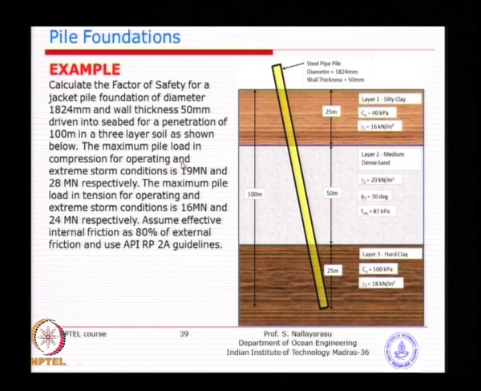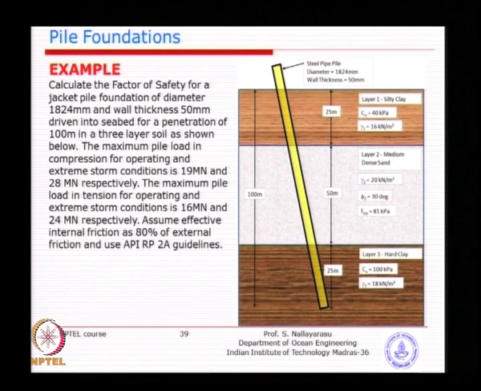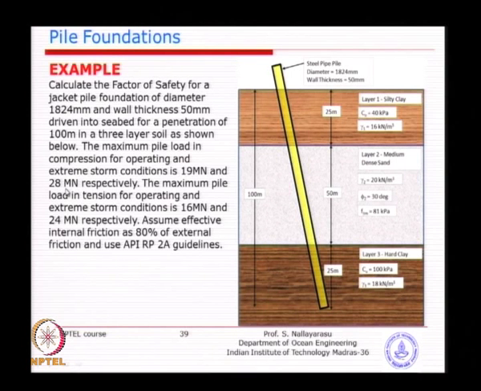So, you can see here 2000 ton versus 3000 ton is basically for 2 different types of conditions. Why is it given there? Because you are going to evaluate the ultimate capacity. Now, remember 19 meganewton is operating, 28 meganewton is storm. Now, you have different factors of safety. So, when you multiply 19 by 2, the ultimate capacity required is 38, whereas 28 multiplied by 1.5 will take you to 28 plus 14, which is 42.